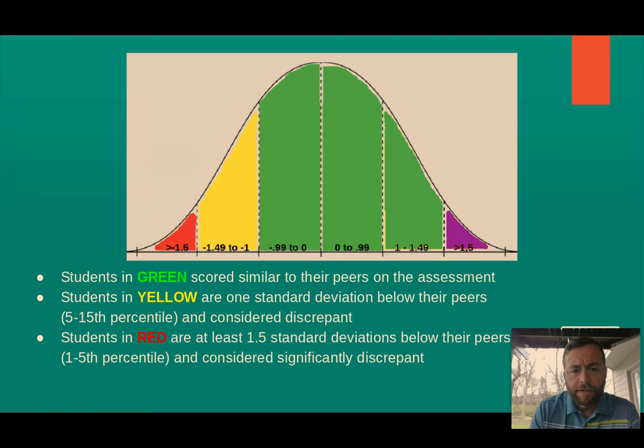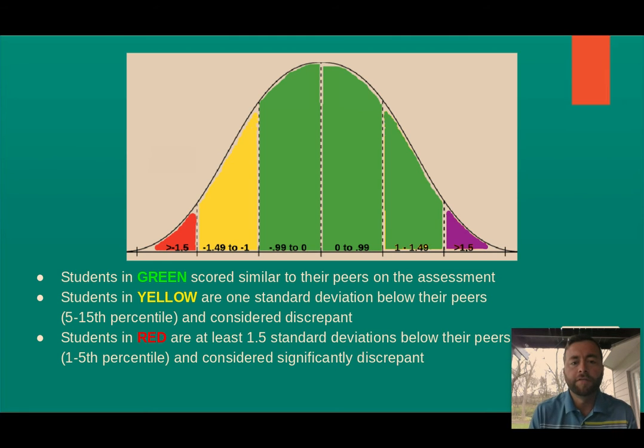So if a student has a green number, that means they are anywhere from negative 0.99 to positive 1.49, which means they are somewhere between 1 standard deviation below the average and 1.5 standard deviations above the average. If they are a green number, that means they are similar to their peers. And if you're similar to your peers, added support is likely not needed.